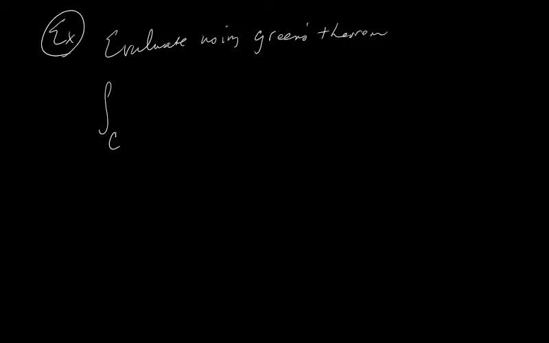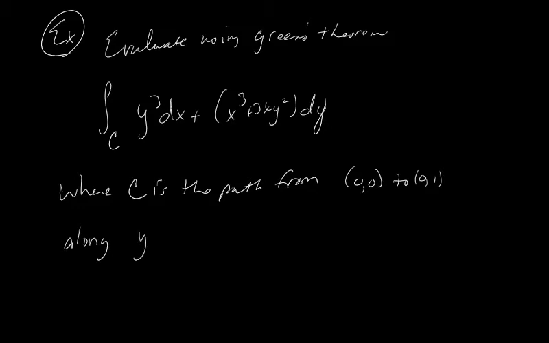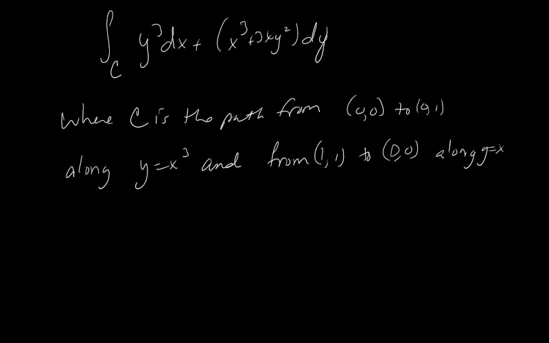Our integral over C of y cubed dx plus x cubed plus 3xy squared dy, where C is the path from 0, 0 to 1, 1 along y equal to x cubed, and from 1, 1 back to 0, 0 along y equal to x. All right, so what does this region look like?